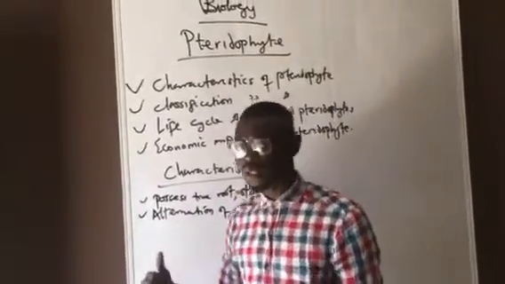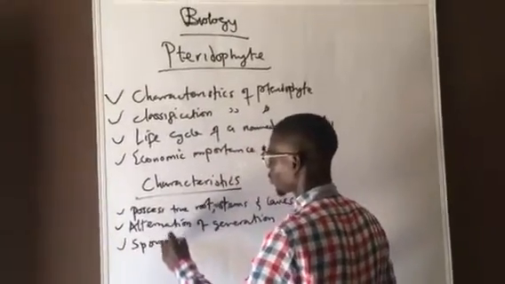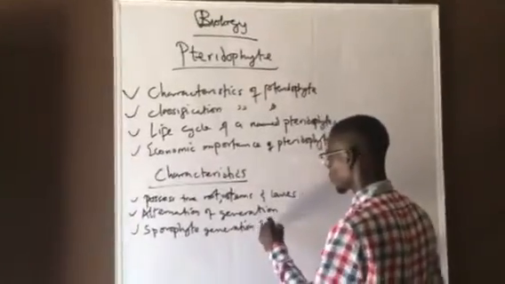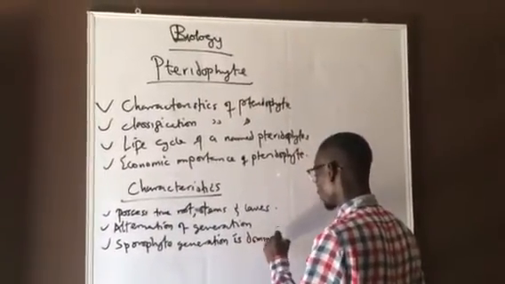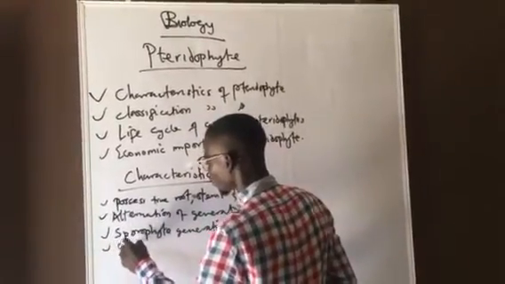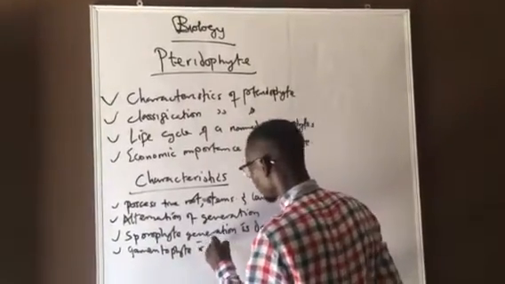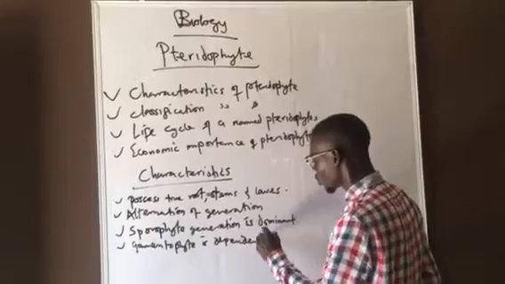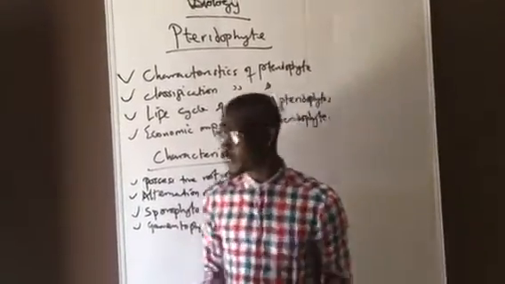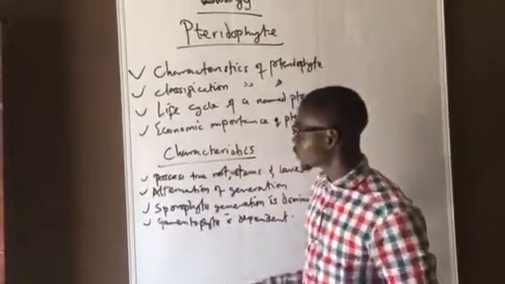But in pteridophytes, the sporophyte generation is dominant, while the gametophyte generation is dependent. Unlike in bryophytes, where the gametophyte is dominant and the sporophyte is dependent, the opposite is the case here.